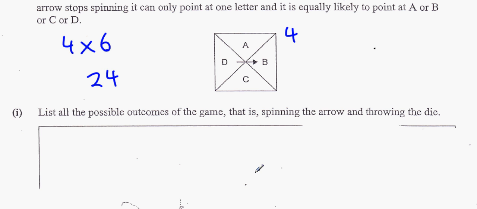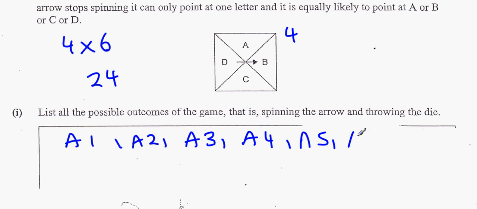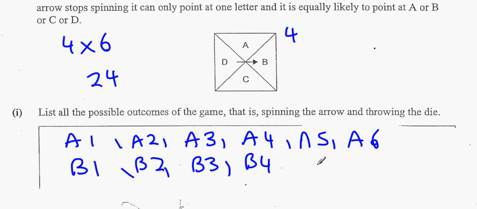So let's write down what we could have. We could have A1, A2, A and a 3 on the dice, A and a 4 on the dice, A and a 5 on the dice, and A and a 6 on the dice. There's 6 of them. B1, B2, B3, B4, B5, B6. Let's do the same thing again.